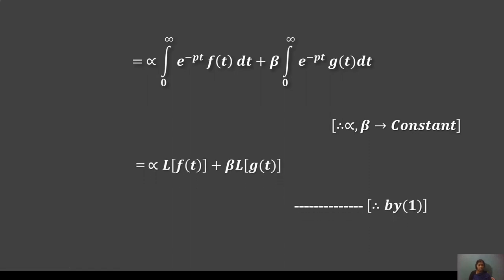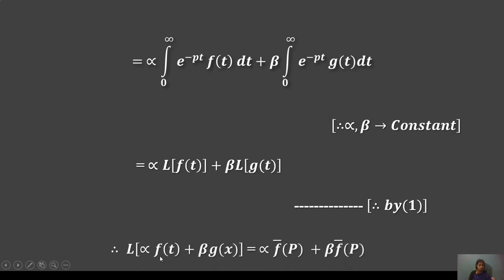Alpha and beta are constants. This is the Laplace of f of t, and this is the Laplace of g of t. So the result is alpha F of p plus beta G of p.